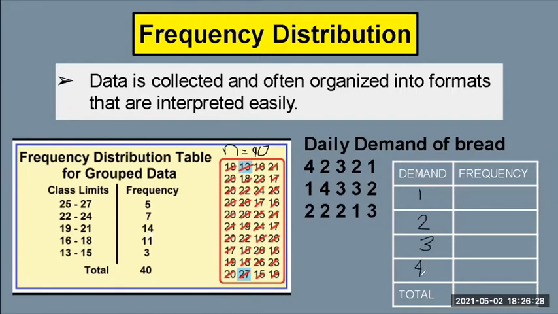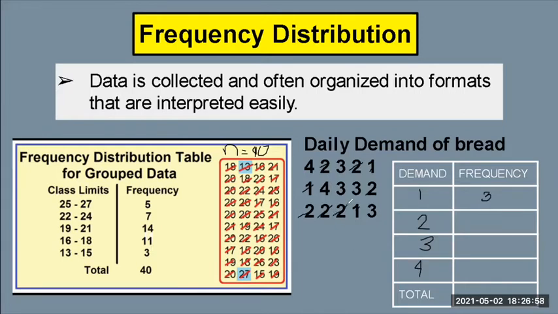Now, let's count how many times did the number repeat. Number 1, let's count. 1, 2, 3. So number 1 repeats 3 times. Number 2, we have 1, 2, 3, 4, 5, 6.